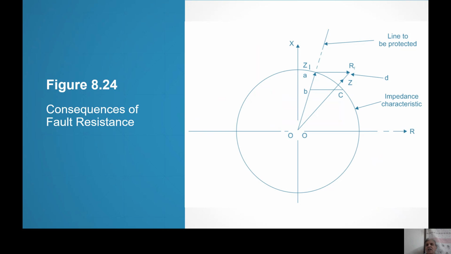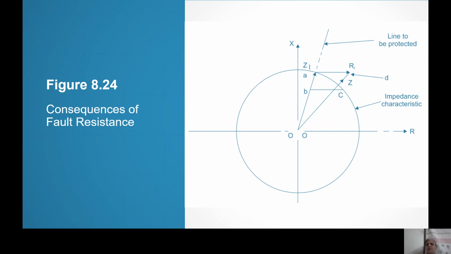That is the fault impedance, right? Therefore, one has to take care of this ZF somehow. If you calculate ZF, you have to consider this ZF while setting the relay characteristics.